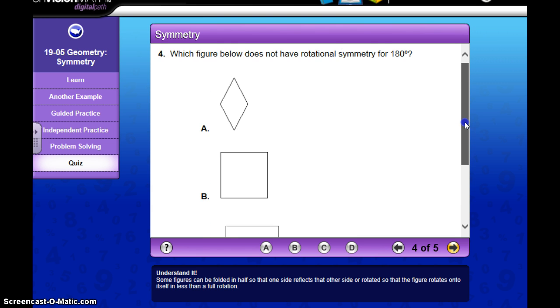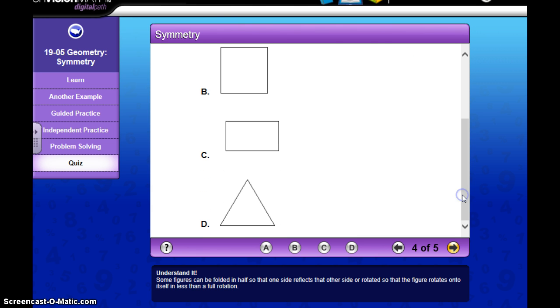Lingen? D. Okay, so if we take this equilateral triangle and we rotate it 180, so that means this point right here is going to be aiming down here. Will it not have symmetry anymore? It still will.